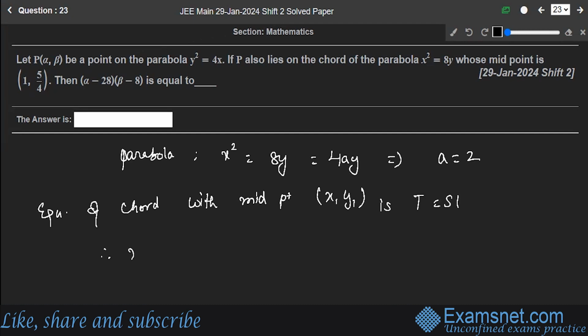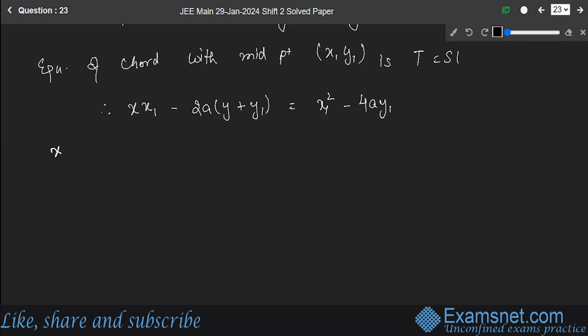So the general equation is x into x1 minus 2a(y plus y1) is equal to x1 squared minus 4a y1. In this case, you have x1 and y1 as 1 comma 5 by 4.